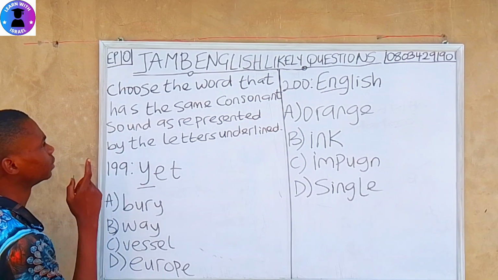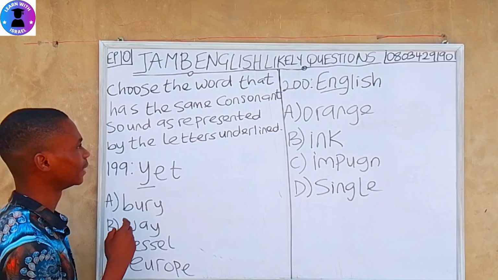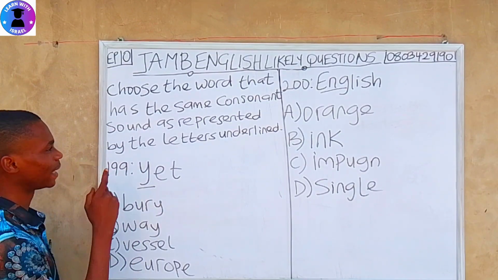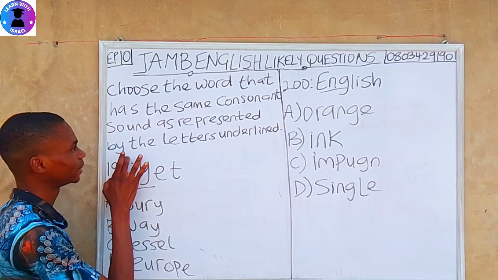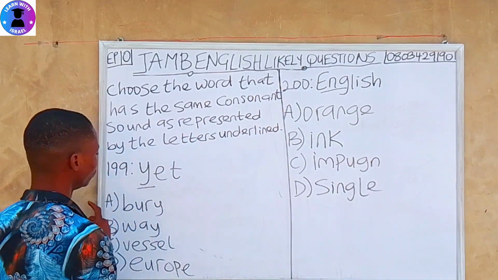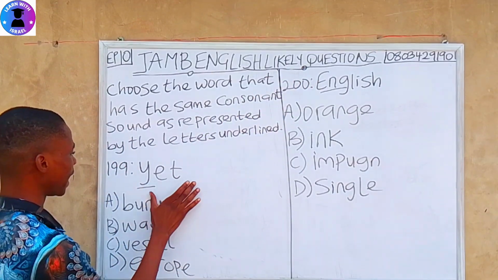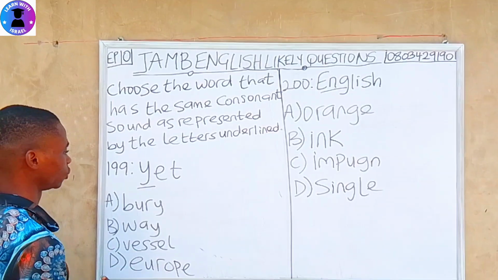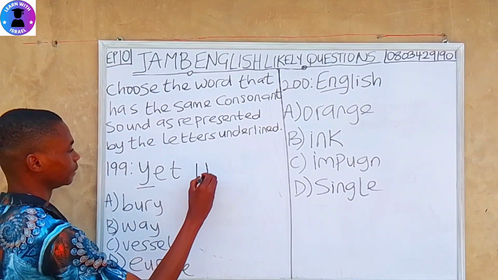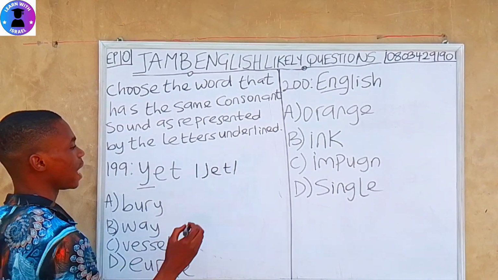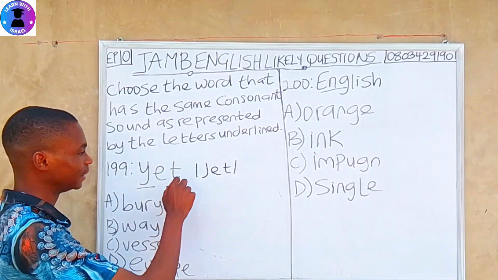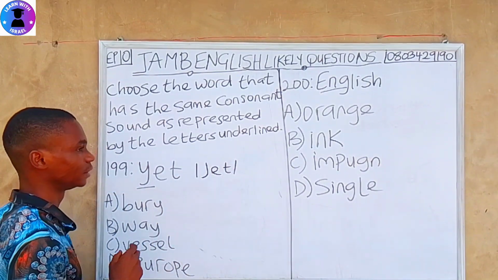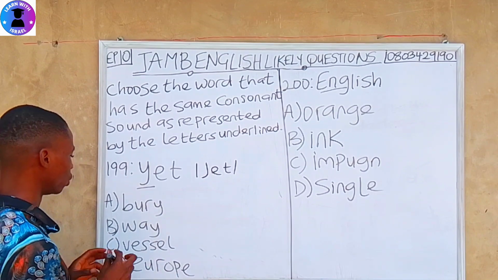Choose the word that has the same consonant sound as represented by the letters underlined, for questions 199 and 200. For question 199, we have Jed. It is pronounced as Jed. That is how yet is pronounced.